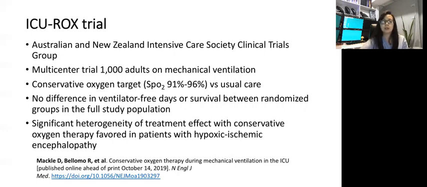They found no difference in ventilator-free days or survival between randomized groups in the full study population, but found significant heterogeneity of treatment effect, with conservative oxygen therapy favored in patients with hypoxic ischemic encephalopathy.